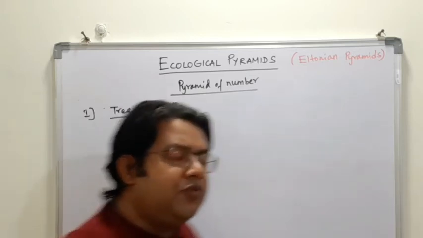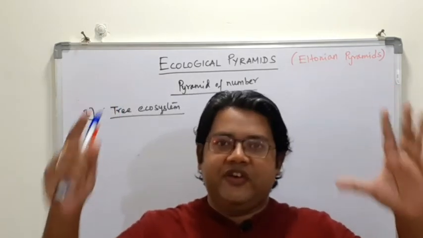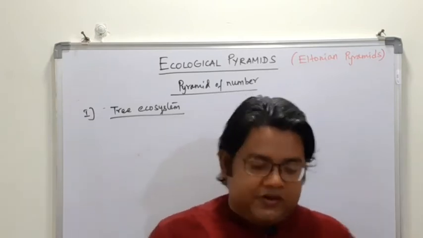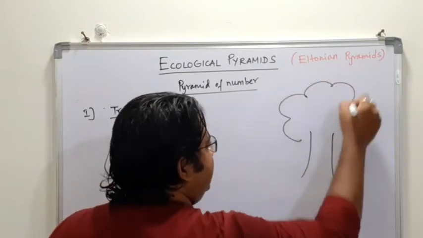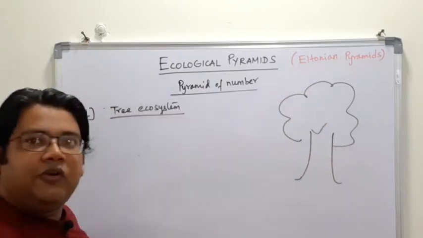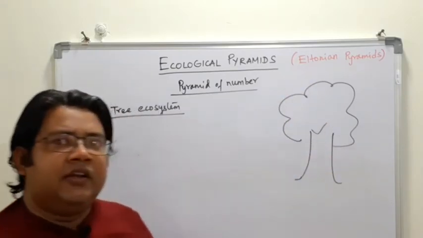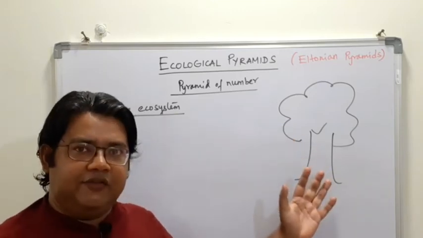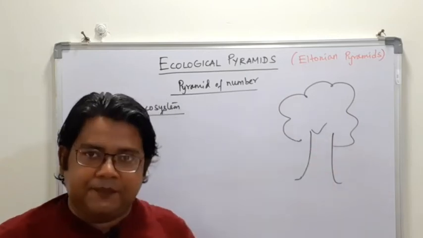Now what do you mean by tree ecosystem? If you consider a tree as an ecosystem itself, so you consider there is a tree and you consider, okay, this tree is an ecosystem alone, and let us look at the organisms present at each trophic level, considering this tree as an ecosystem itself.